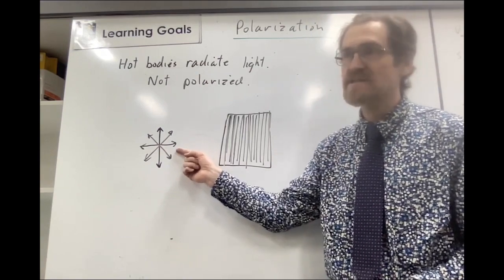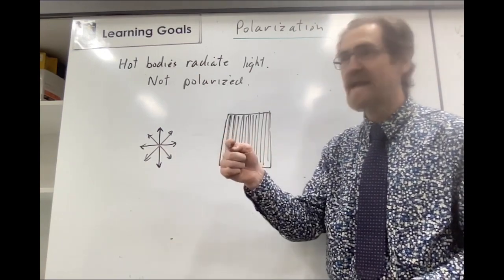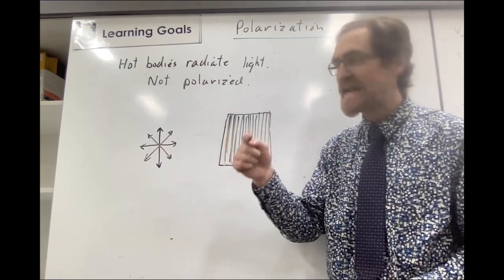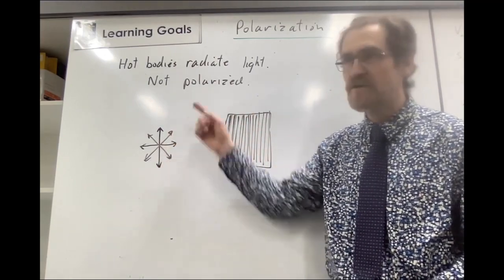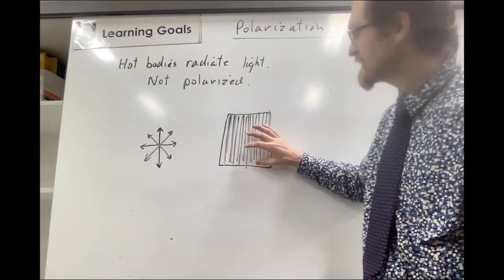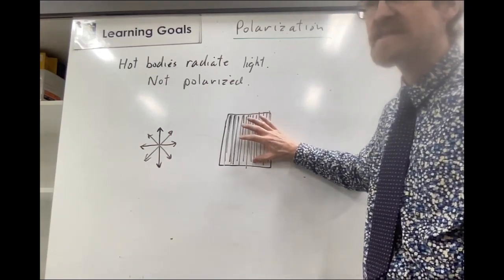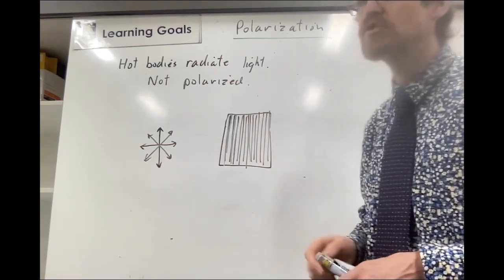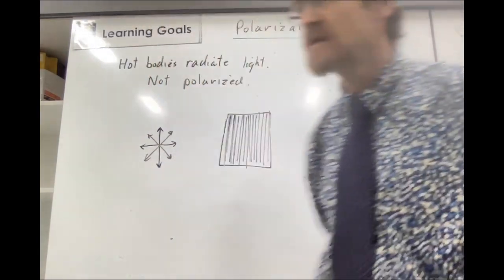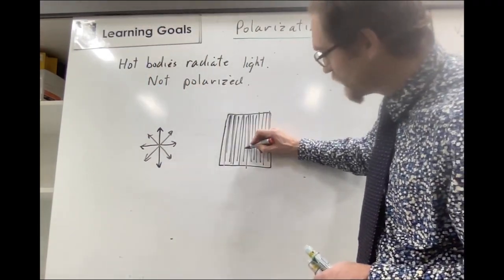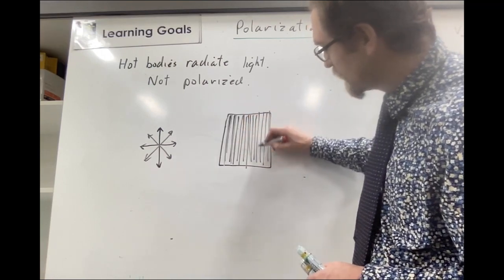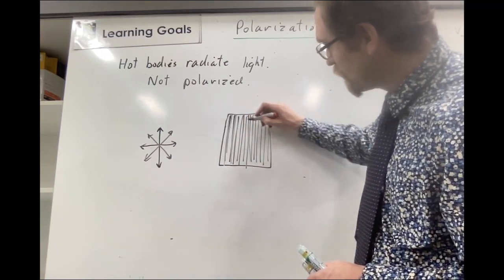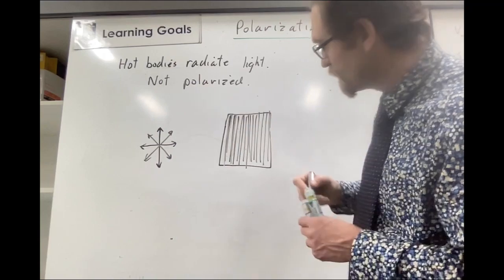If unpolarized light moves through this screen out of the page, any part of that unpolarized light which has electric field in the vertical will stimulate electrons within these long chains and cause them to move up and down. So I want you to imagine that there are tiny little electrons all throughout these long chain molecules on our polarizing screen.